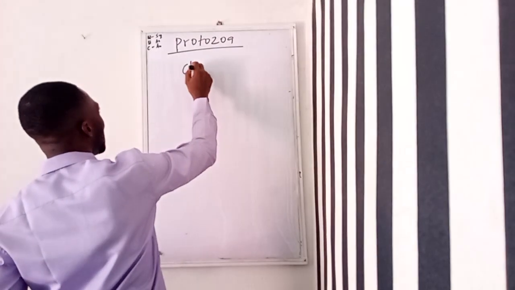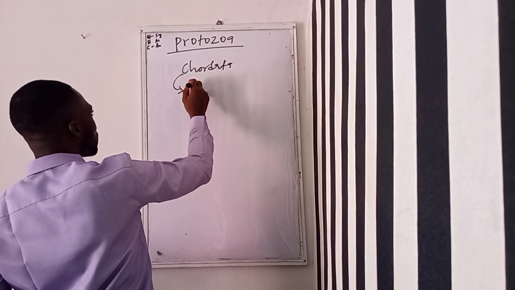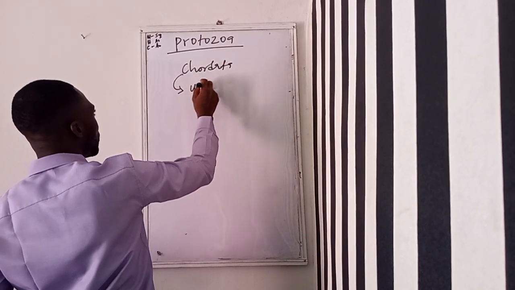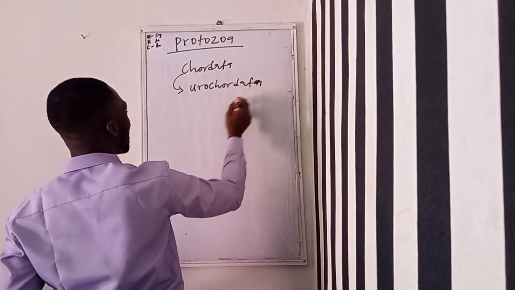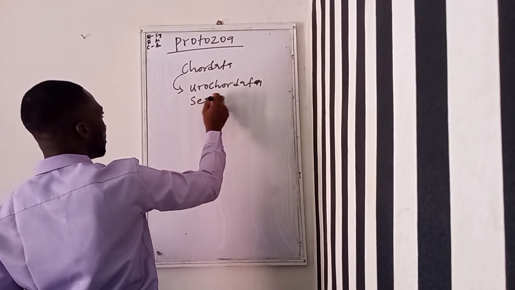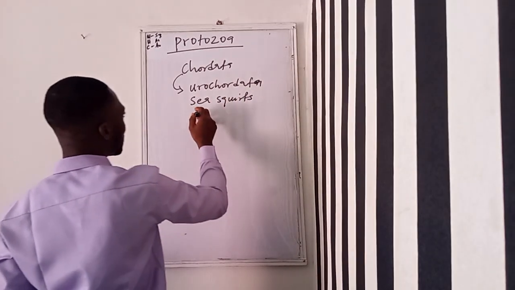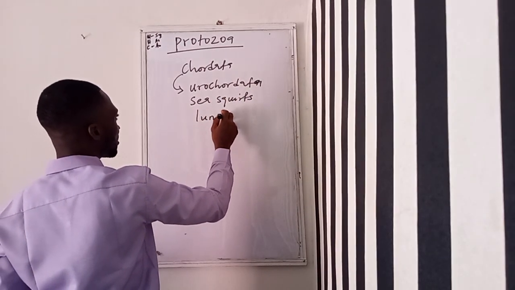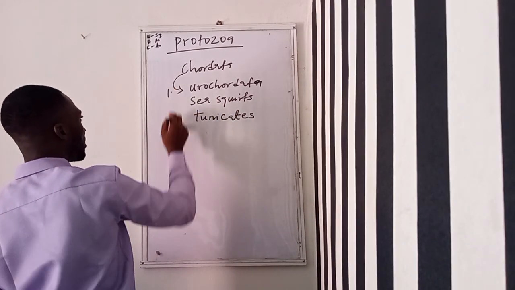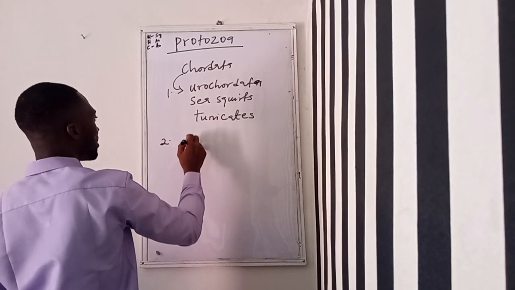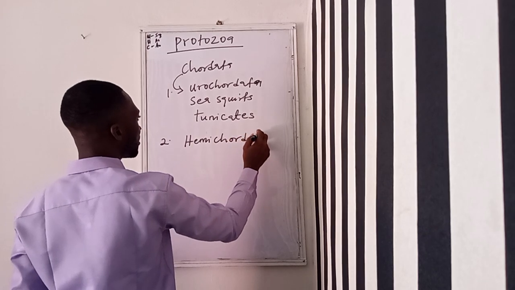This chordata is made up of 4 different subphyla. The first one is Urochordata. This is where you see the sea squirts, or the tunicates. Then the second one is Hemichordata.